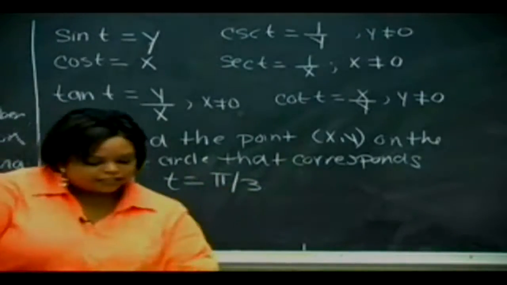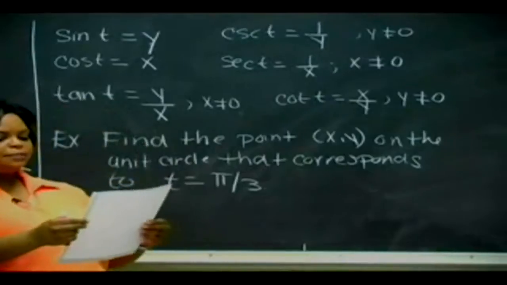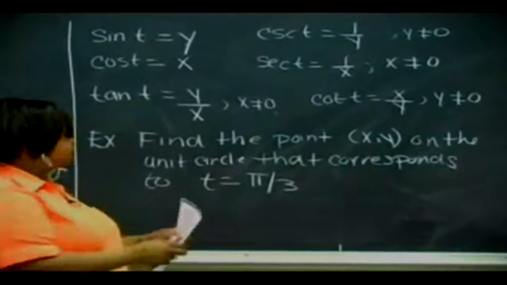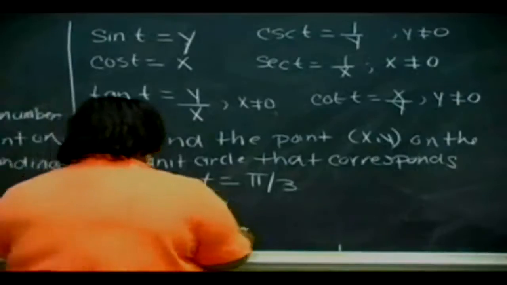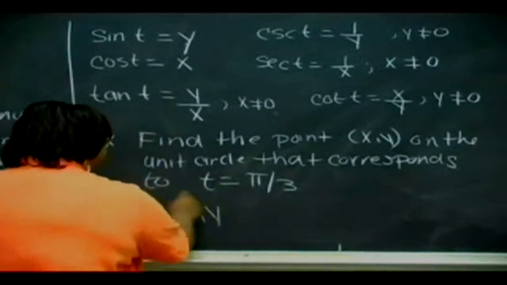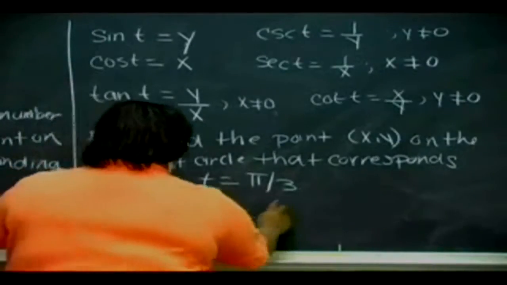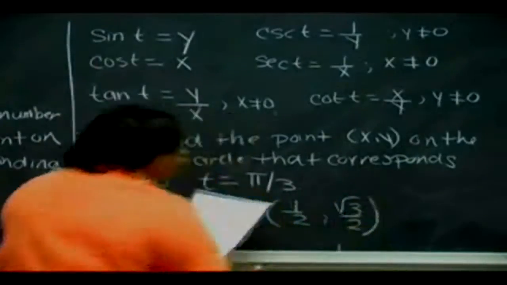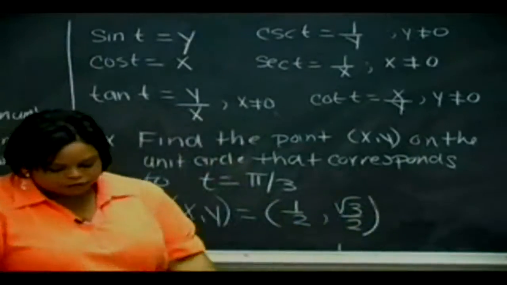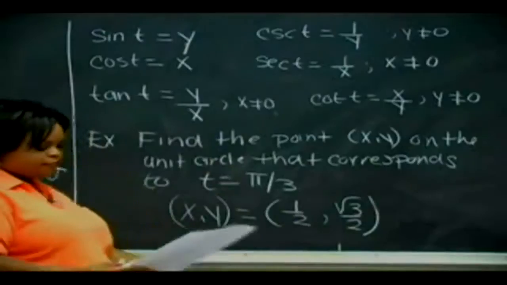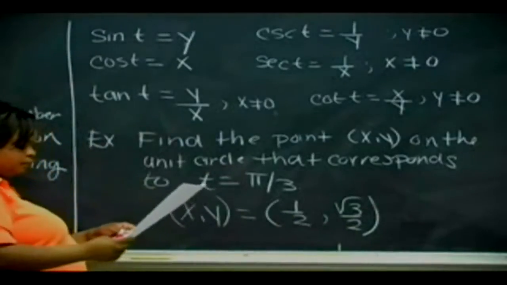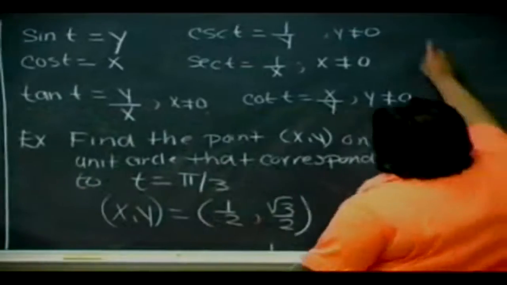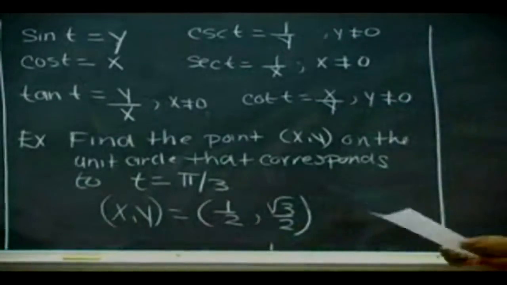So we get our unit circle out. Where's pi over 3? The first quadrant. What is that point associated with it? What's that point X, Y? Okay, 1/2 and square root of 3 over 2. Okay? Nothing too terribly difficult about that.